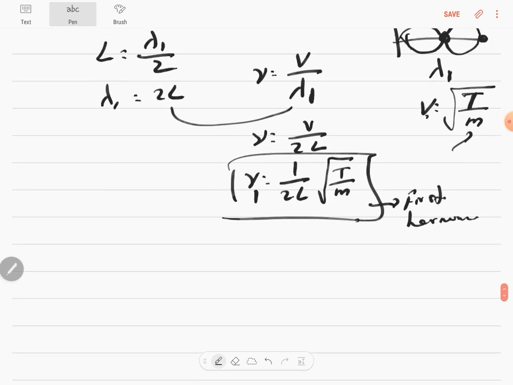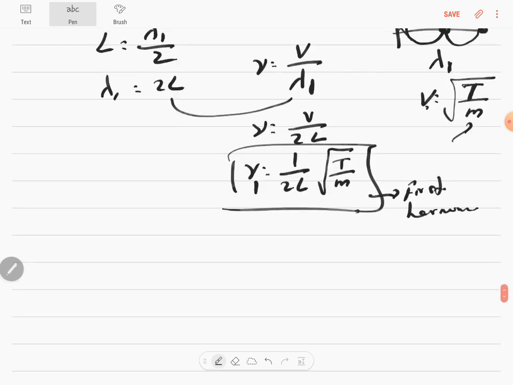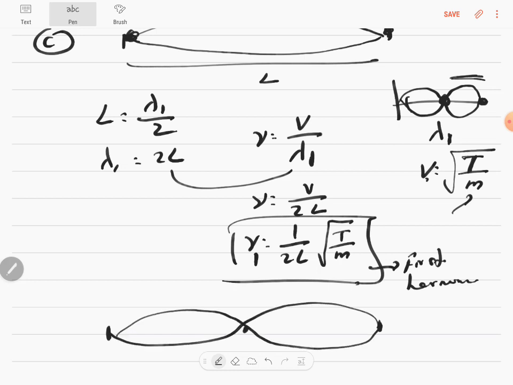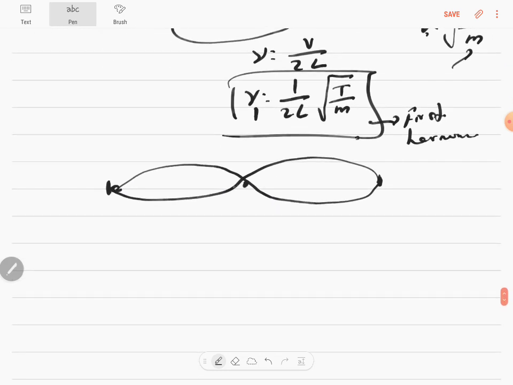So next let's go to the second harmonic. For producing a second harmonic, you have to similarly have a node here and a node here, and an extra node here. The same length of the string has got 3 nodes in total. So the entire length L is equivalent to one full wavelength, lambda 2 in this case.